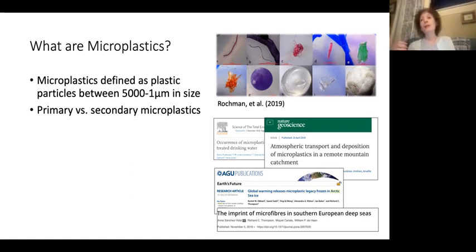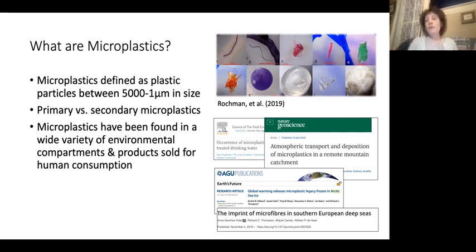So anything that's breaking down from a larger plastic, from fragments that are coming off of a plastic bottle that's been left at the beach, to fibers that are sloughing off of your fleece or coming off of your clothes when you do laundry and then washing out with your house's gray water. Those would be considered secondary microplastics.